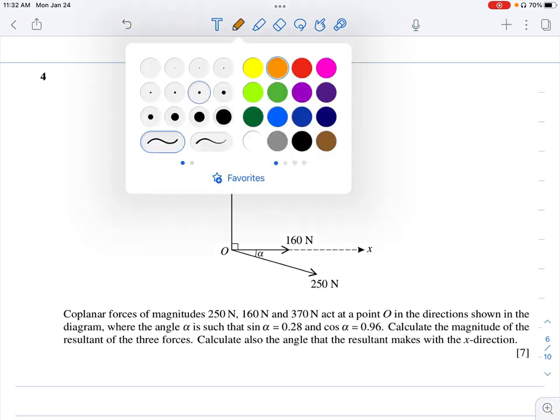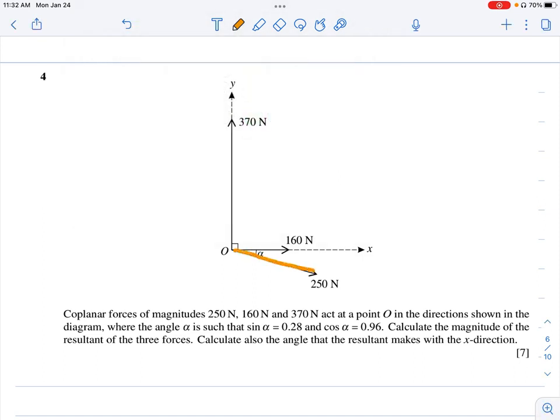So I am going to resolve this 250, one horizontally and one vertically.